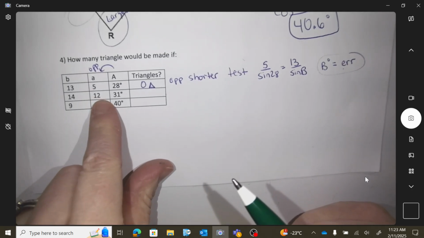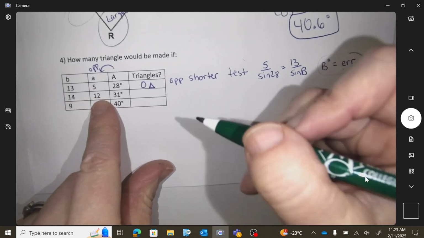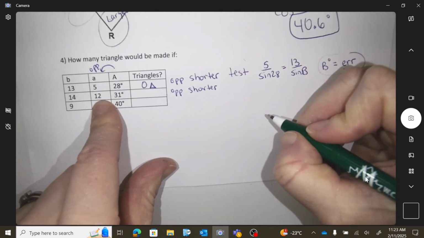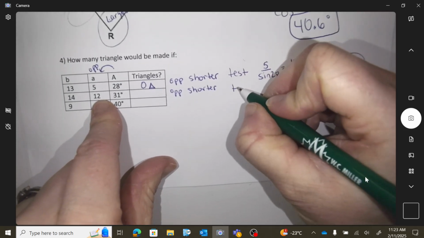Okay, so here's my opposite is 12. So then it is shorter, which means there's a test.